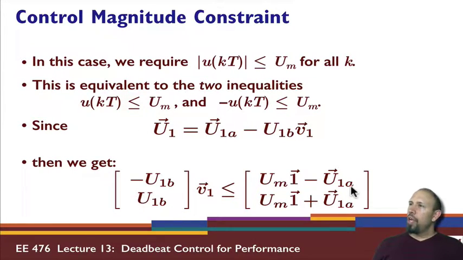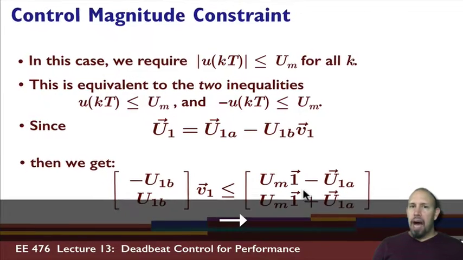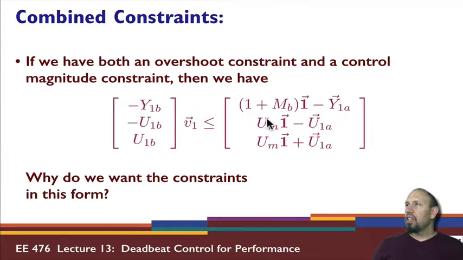And so we can now describe the control magnitude constraint in terms of vector inequalities. Between the two, I can now combine constraints. That is, I can combine the overshoot constraint and the control magnitude constraint this way, put it all into a single inequality.